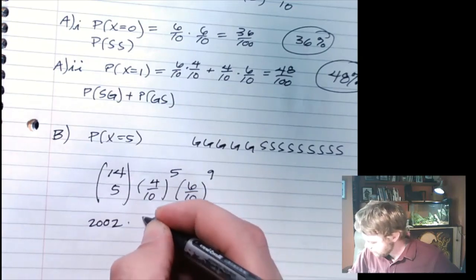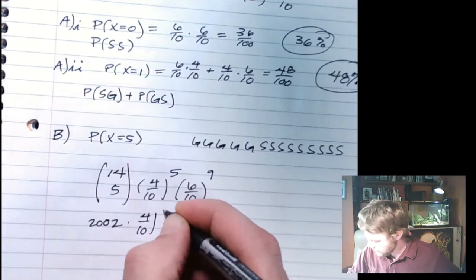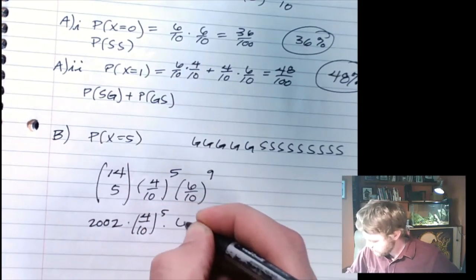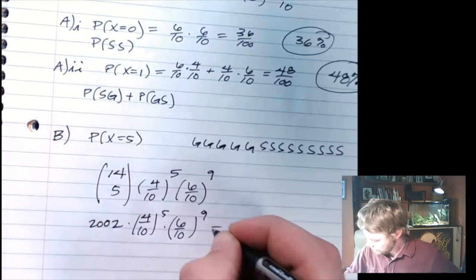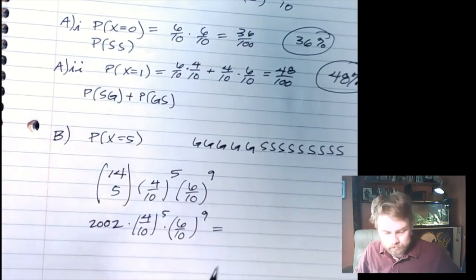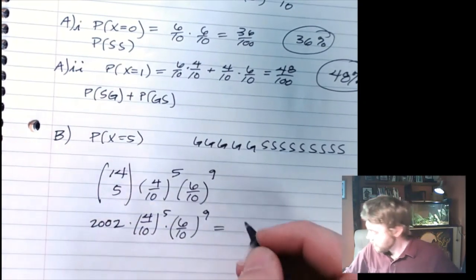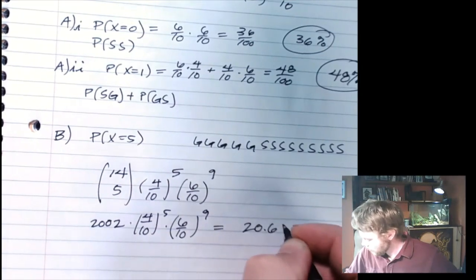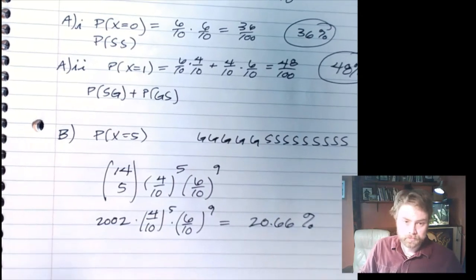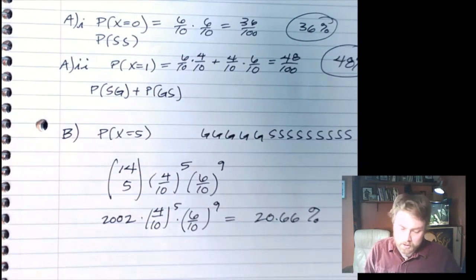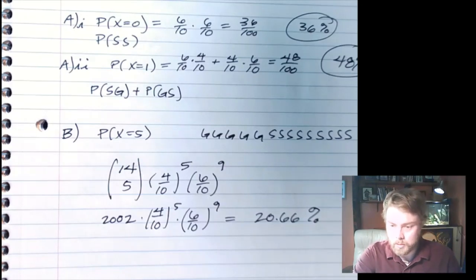Well, I'll just write this again for now. Alright, so if we just go ahead and calculate that number, it's pretty close, 20.66%. Now, at most 5, so far so good here.